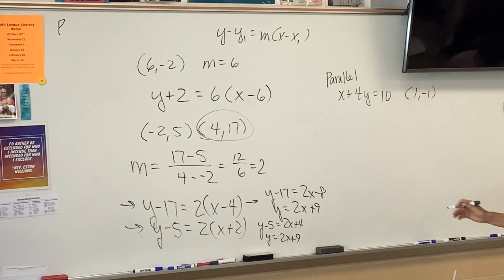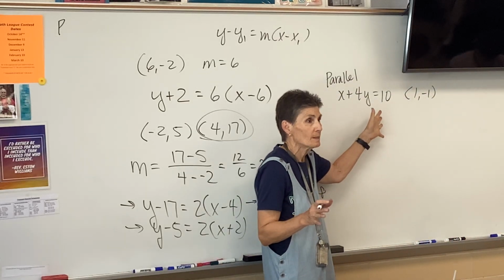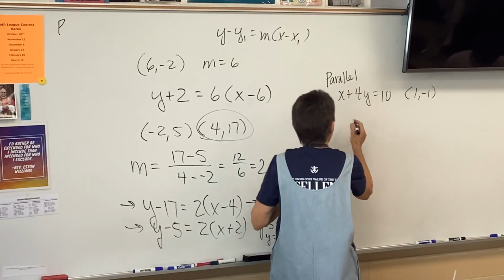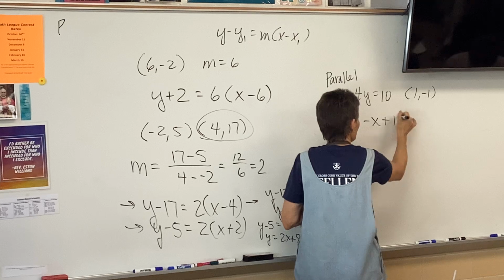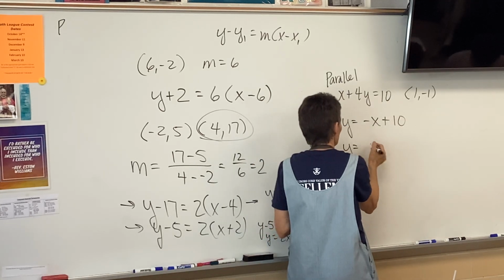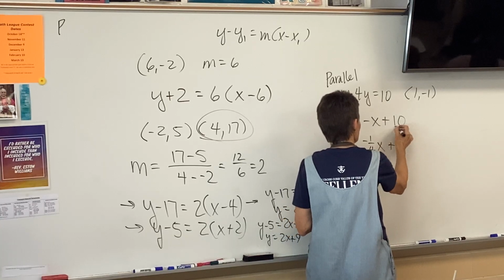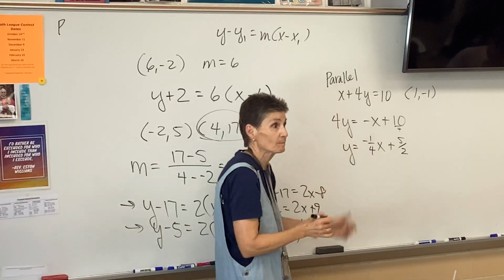So if this equation right here is in what we call standard form, if I get y by itself, let's just do that. So 4y equals negative x plus 10. And y equals negative 1/4 x plus 5/2, 10/4.